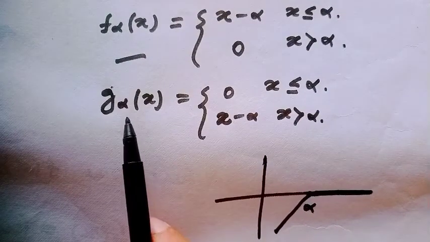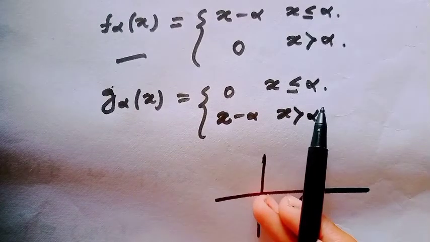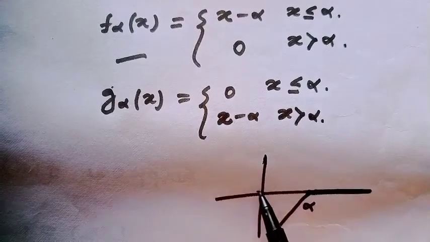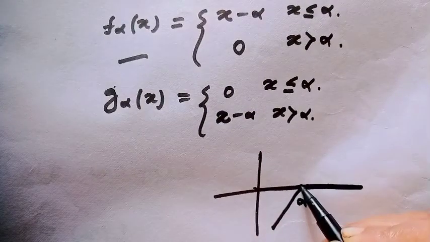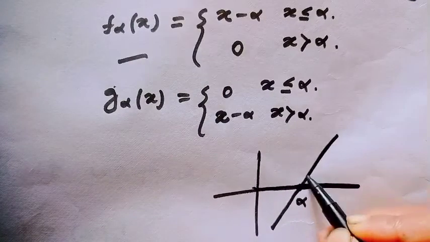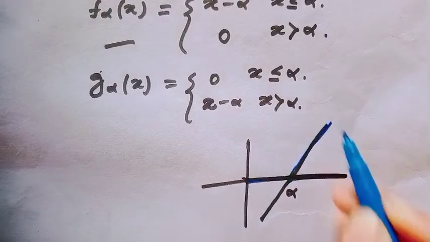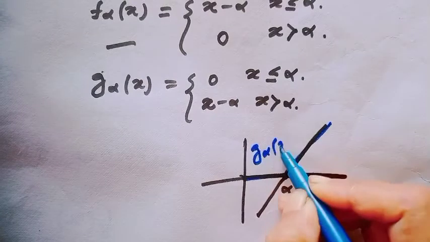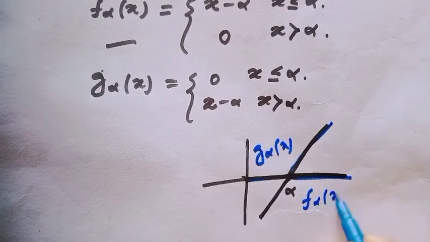And the graph of g_alpha(x): for x less than or equal to alpha, the value of the function is 0, and for x greater than or equal to alpha, the value of the function is x minus alpha. That means this is the graph of g_alpha(x) and this is the graph of f_alpha(x).